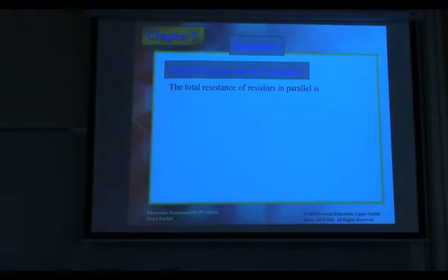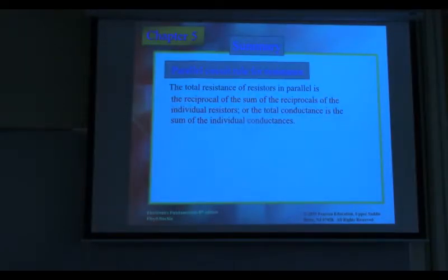So conductance times resistance equals 1. So we may guess the total conductance will be equal to the sum of the individual conductances. This is true, right? So in a series circuit, the total resistance equals the sum of the individual resistances, and in a parallel circuit, the total conductance equals the sum of each conductance.